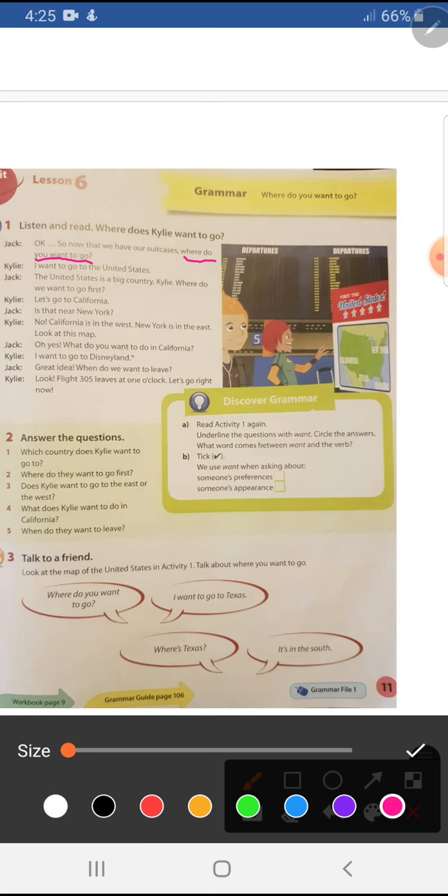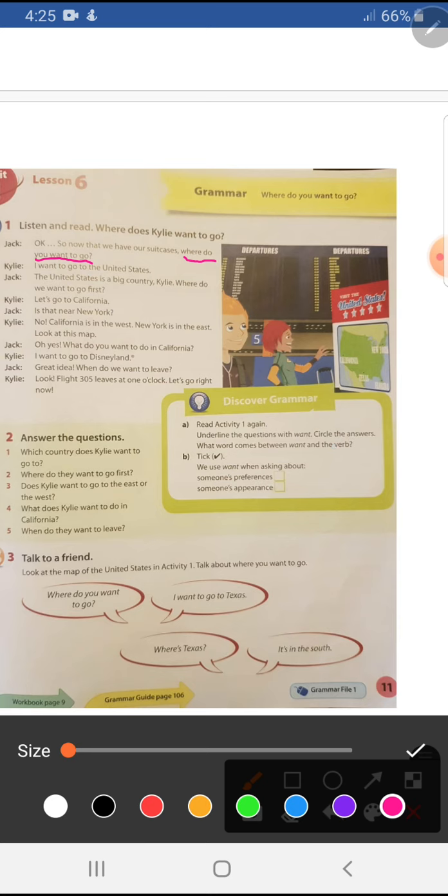This is a question with want. So, we ask about preferences with want. And when we answer, we answer with the verb want plus to plus the verb in base form.